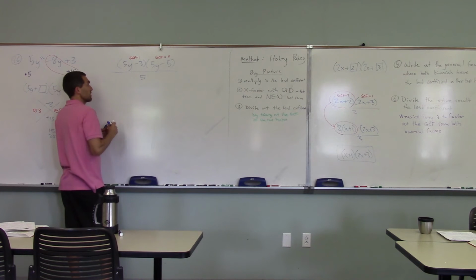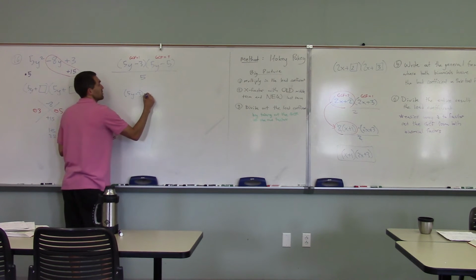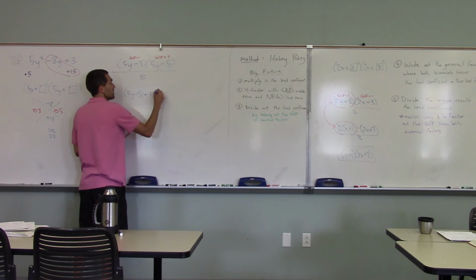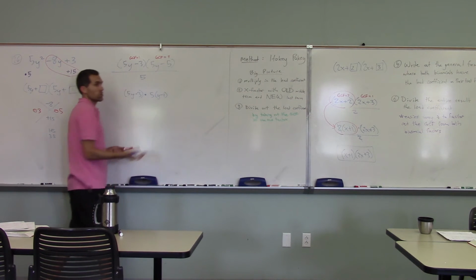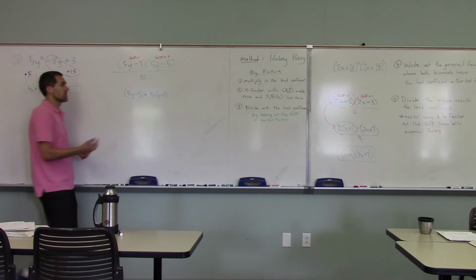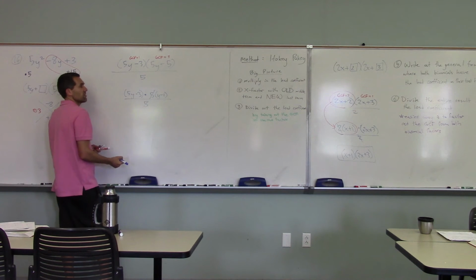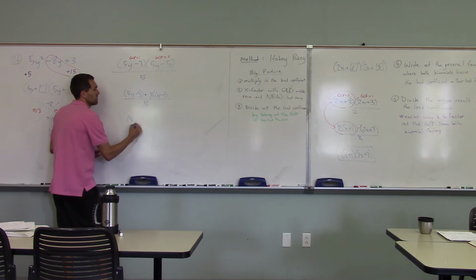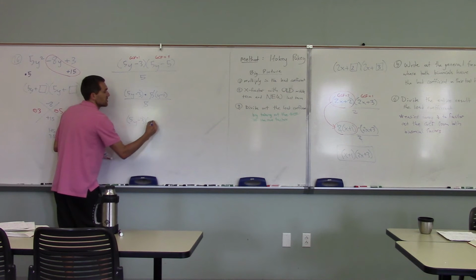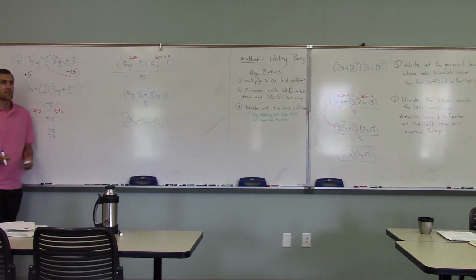So rewriting it, we get 5y minus 3 times, and I just replace this with the totally equivalent one that we did, pulling out the GCF, all over 5, and sure enough, the 5 and 5 cancel, and our answer is 5y minus 3 times y minus 1. And absolutely, you can multiply that together, and you get the original.